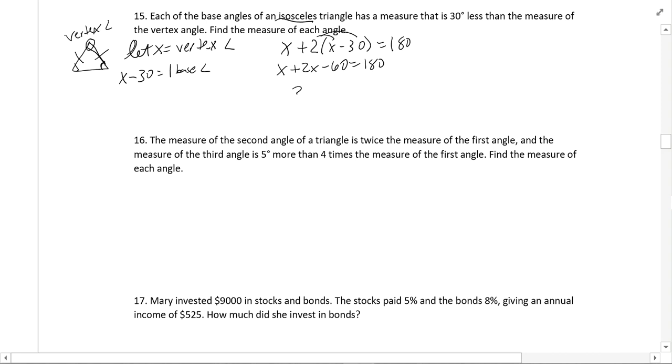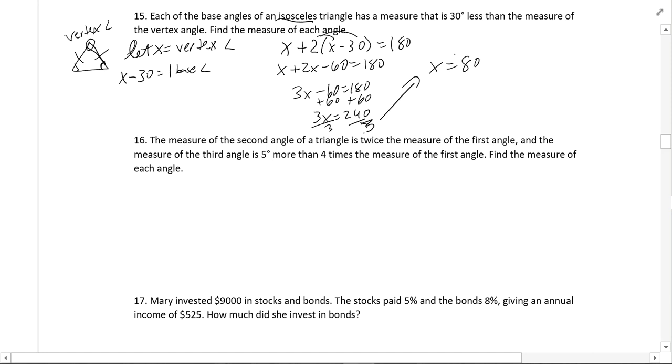I combine like terms, so I get 3x minus 60 equals 180. I add 60 to both sides, so 3x equals 240. I divide each side by 3, and I get x equals 80.